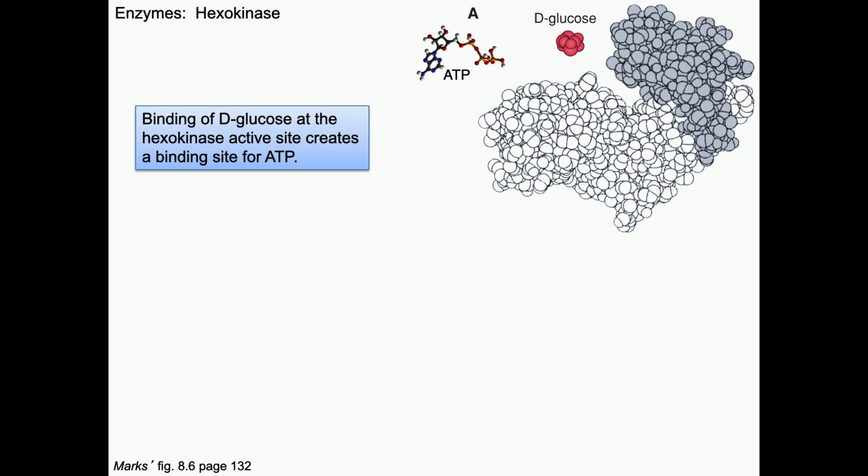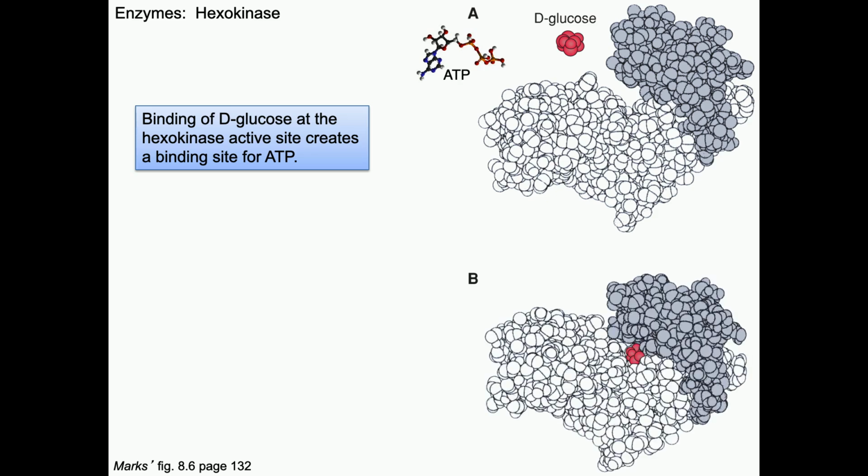So if you had hexokinase shown here, and then glucose and ATP in a reaction, first the binding of glucose into that catalytic cleft changes the entire conformation of the enzyme, okay, and it kind of closes up the mouth of the Pac-Man, if you will.